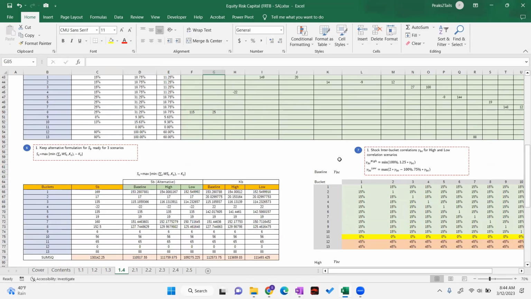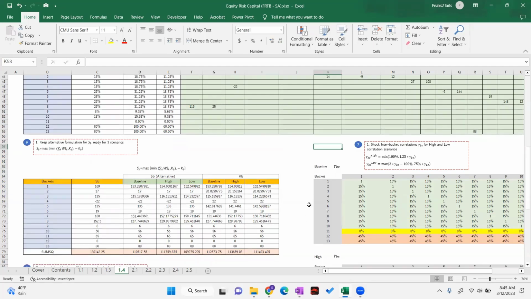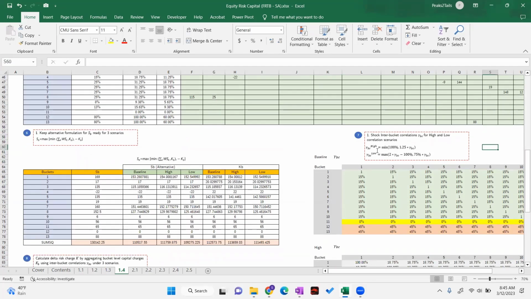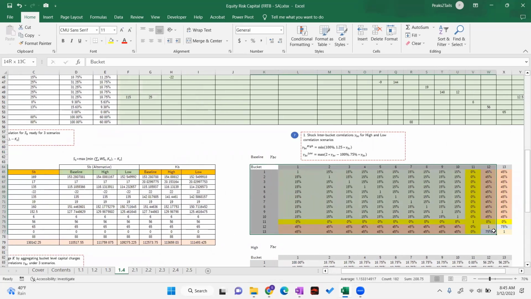Next, on the other side, we'll come back to this. On this other side, they have given the cross bucket correlations, or inter bucket correlations. That's called gamma BC. Gamma BC means it's between bucket B and bucket C, any 2 pairwise buckets. We have 13 buckets. When you aggregate across buckets, you need inter bucket correlations. Call that gamma BC. This is the baseline that they have given.